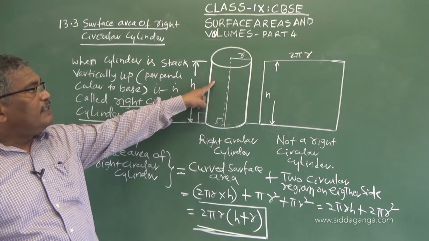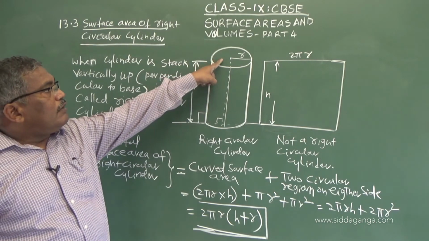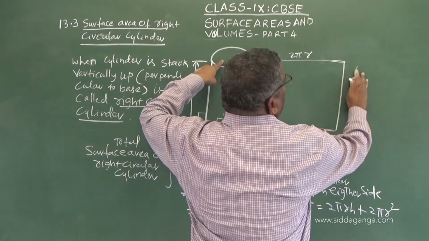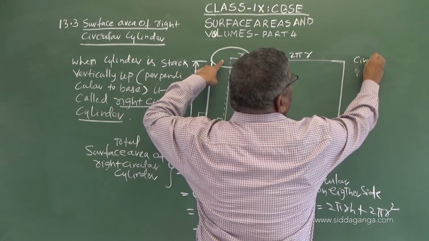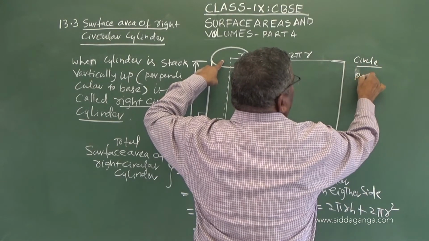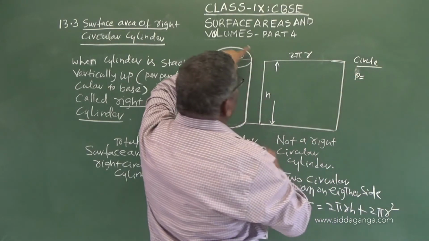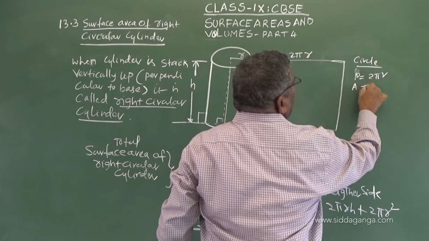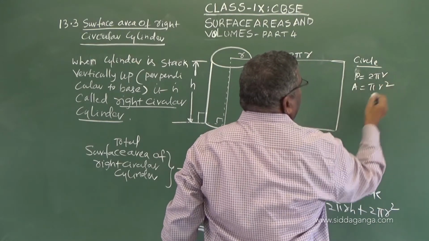So remember this. For a circle, the periphery is 2 pi r, and the area is pi r square.